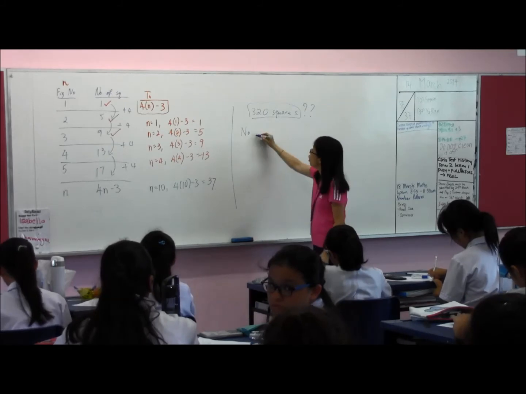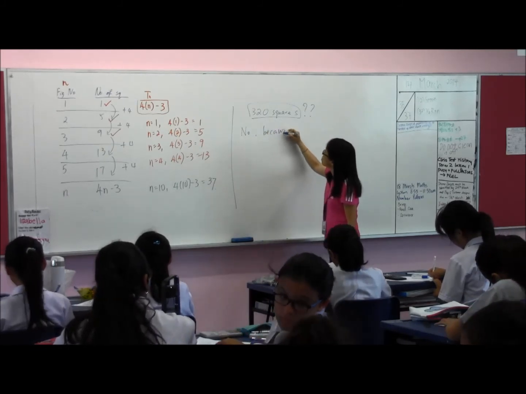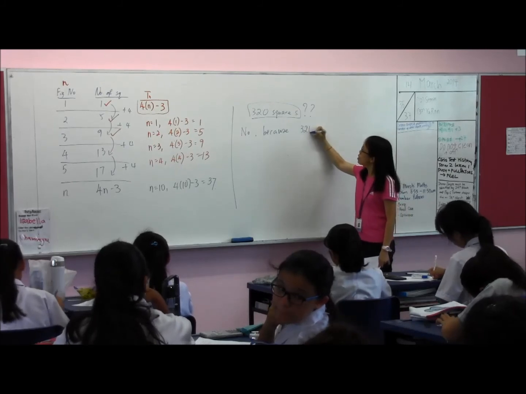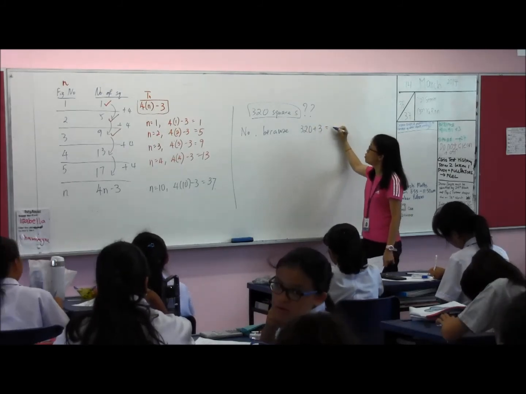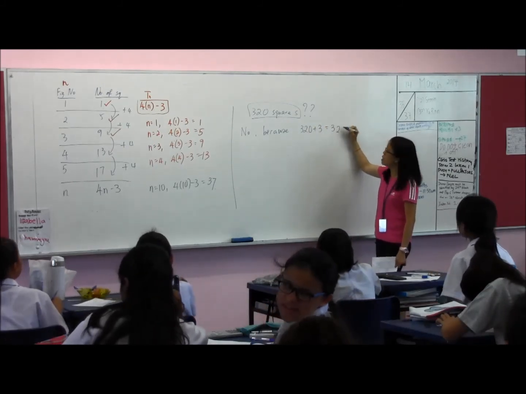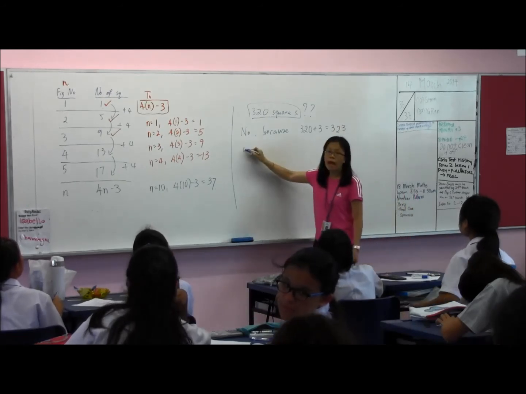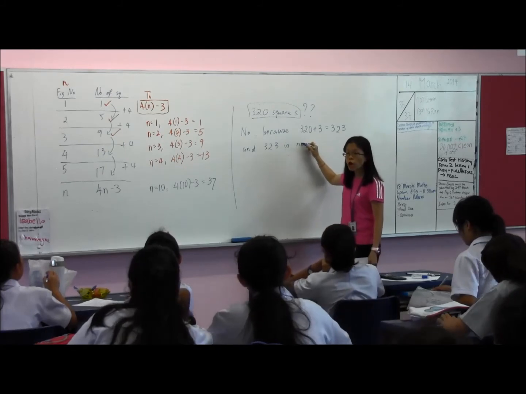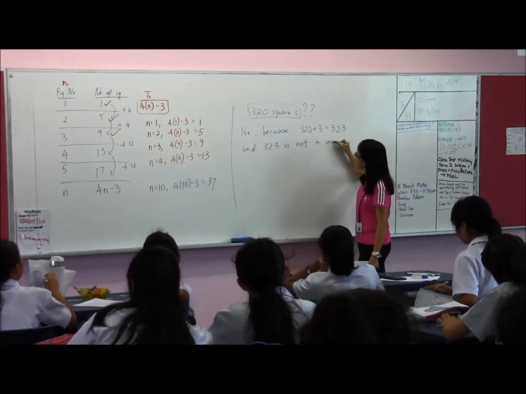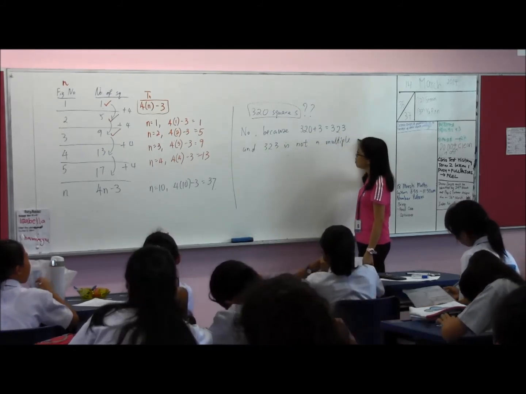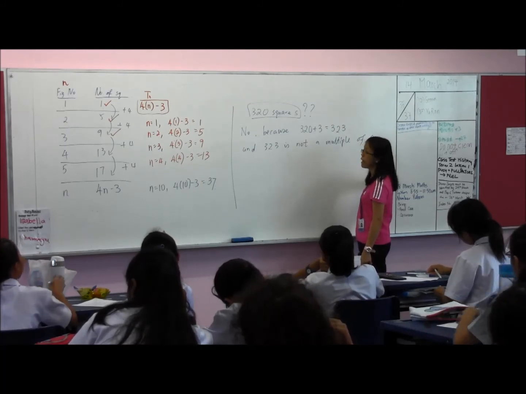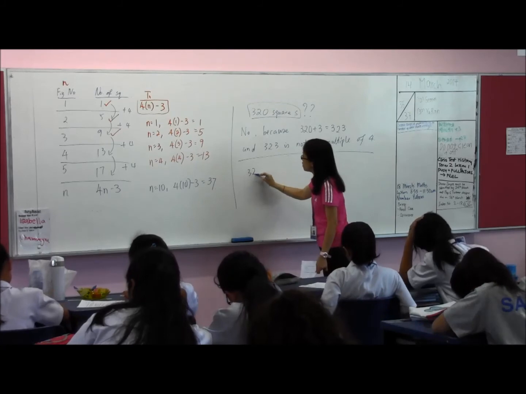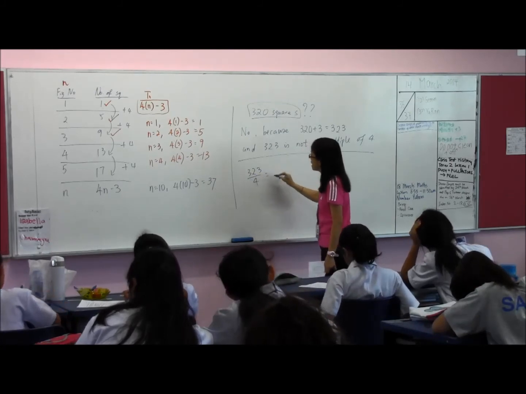No, because 320 plus 3 gives you 323, and 323 is not a multiple of 4. Another way of saying it is you can take 323 divided by 4 and you get some funny decimals.